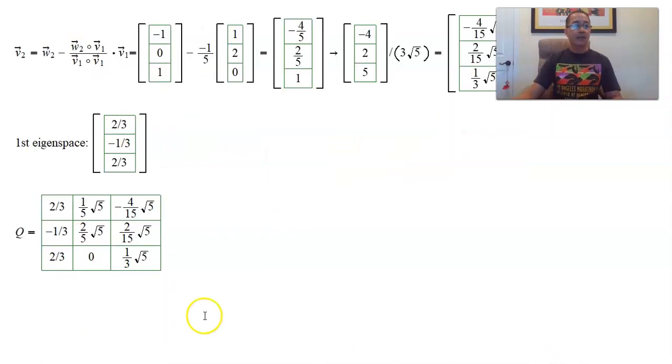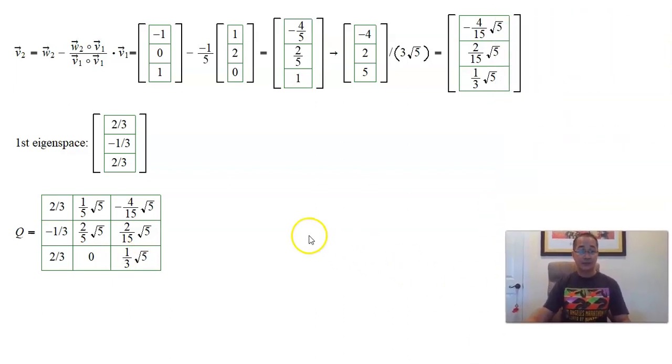Now, you might be thinking, can we factor the 3 and the square root of 5? Unfortunately, no, because there's no 3 over here, there's no square root of 5 over here. So we cannot factor out those denominators.